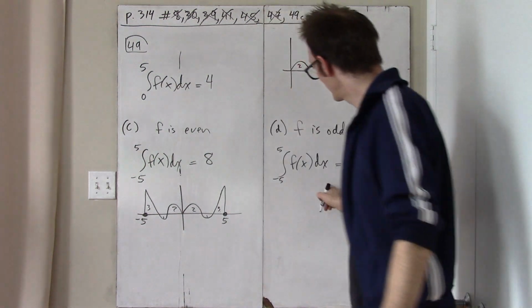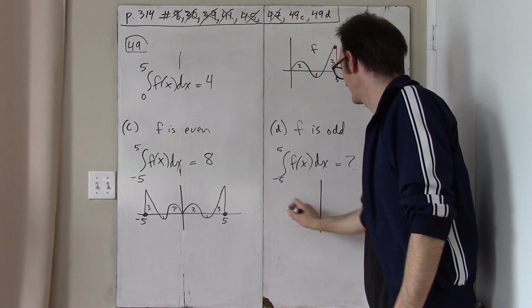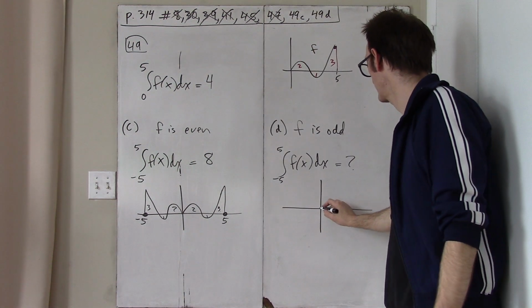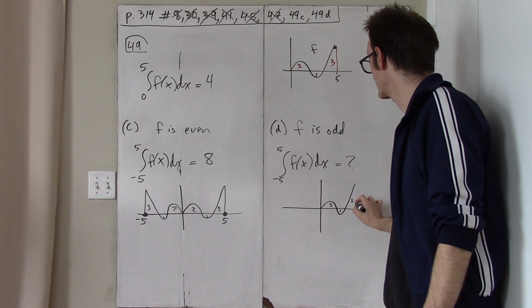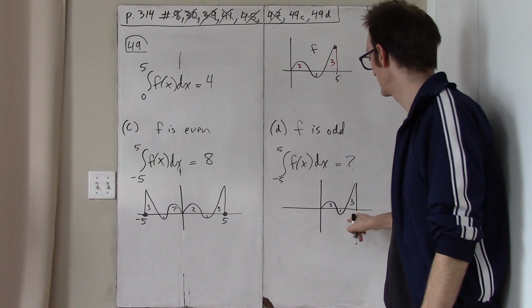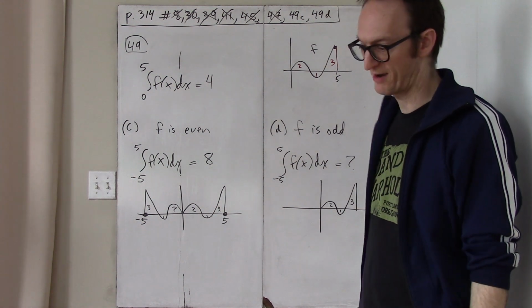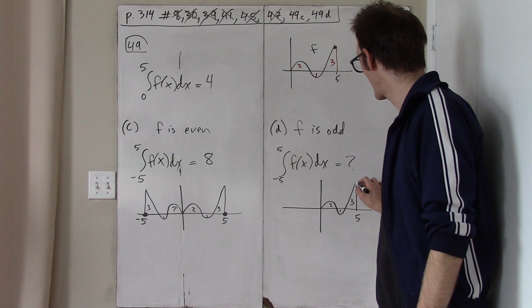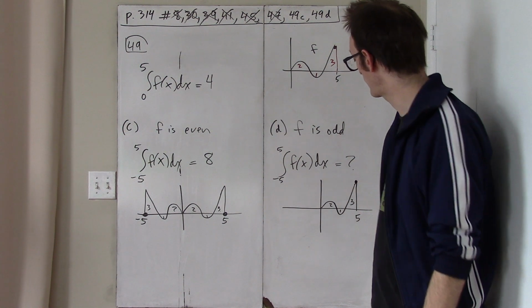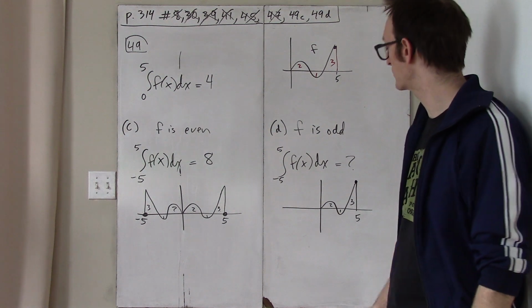Whereas here, if this function is odd, what are my odd graphing skills? Well, again, if that's 2 and that's 1 and that's 3, referring to the areas in the traditional sense where we use area to mean positive. Now, if this function is odd, then for a negative x value, it's doing the opposite.